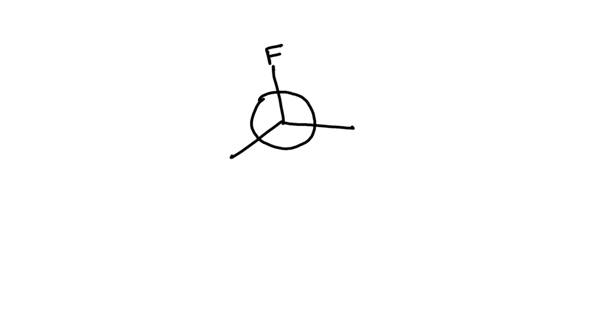This is our fluorine. Sorry, I have to draw it in another way. This is our fluorine. In case of fluorine, we have this antibonding orbital, right? The interaction is not antibonding.